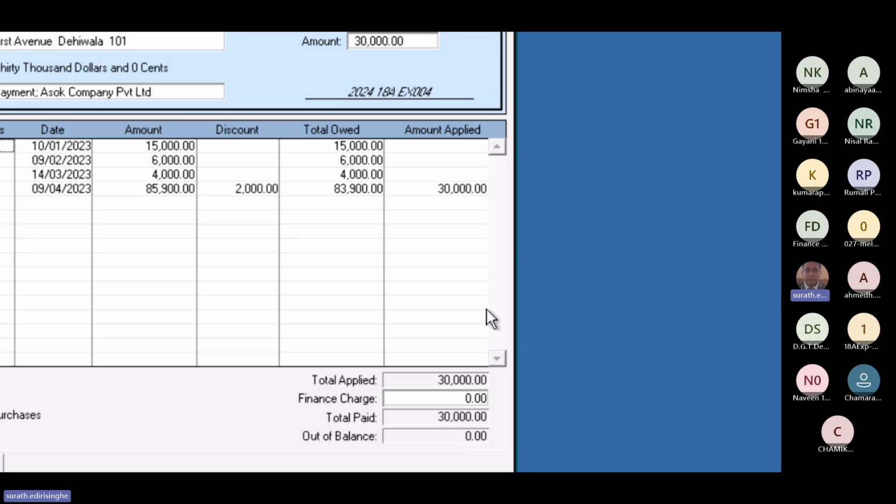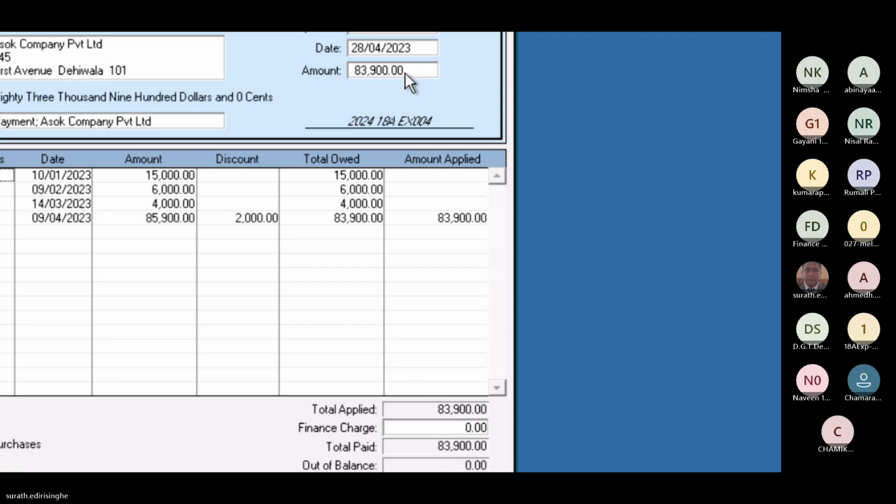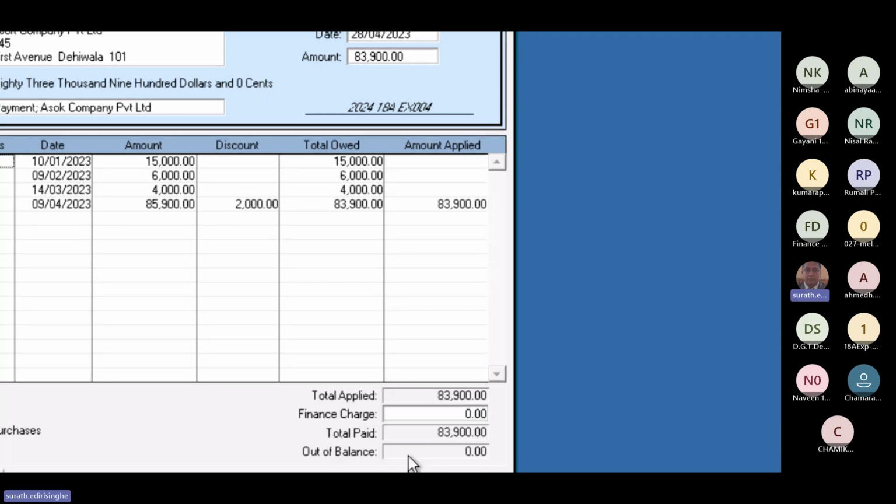Look at it, if you are paying the total amount here, 83,900, then click here. Total paid, full settlement. Right. Then record.